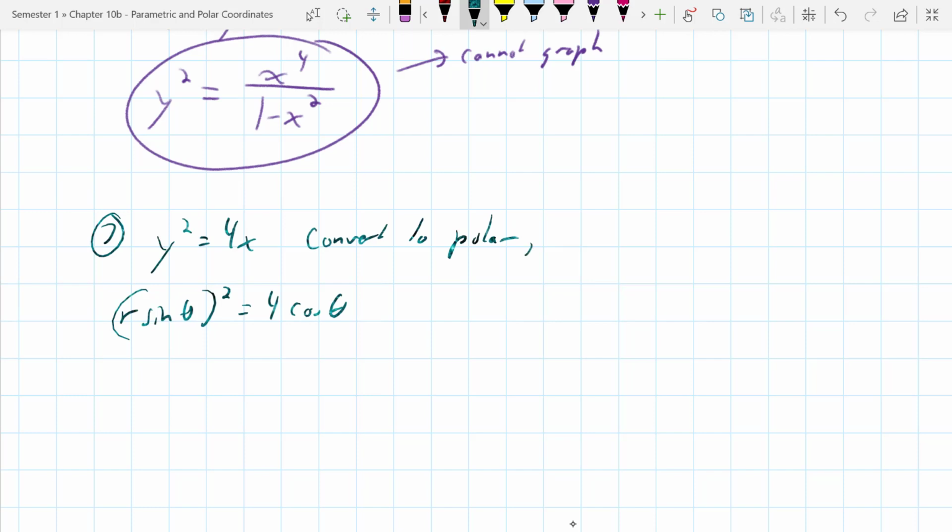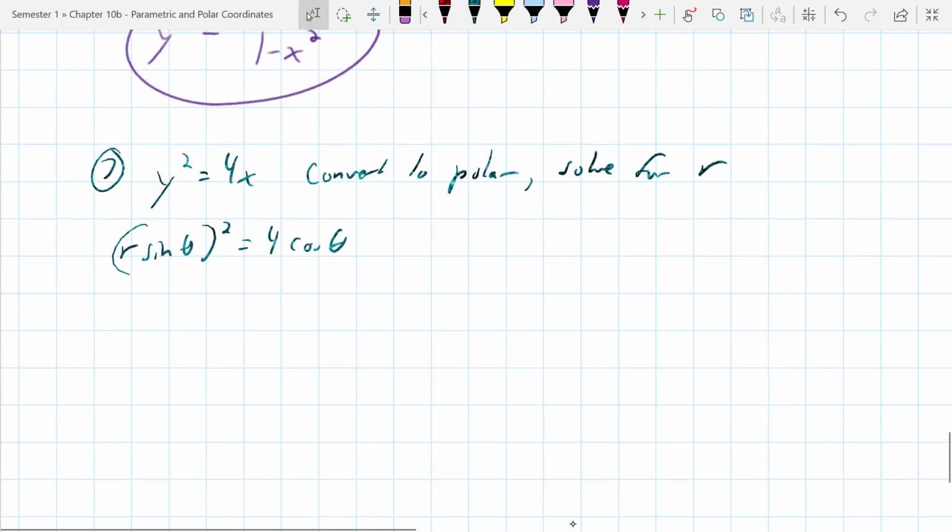What I really want to do is convert to polar, and I want to solve for r. Oh, I forgot this r here: r cosine theta.